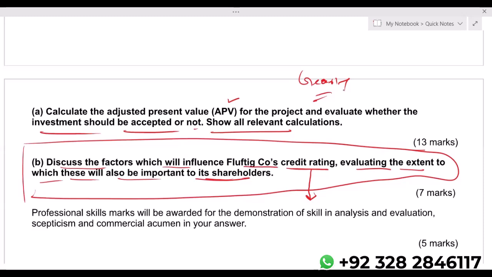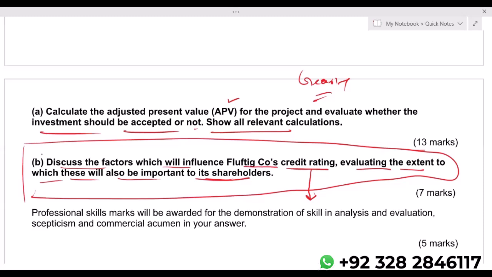All these factors contribute to the credit rating of the organization. And it is not necessary that you write exactly what the examiner has written. They've just asked what the factors are that influence the credit rating. So as long as the factors you highlight are logical, you will get marks.